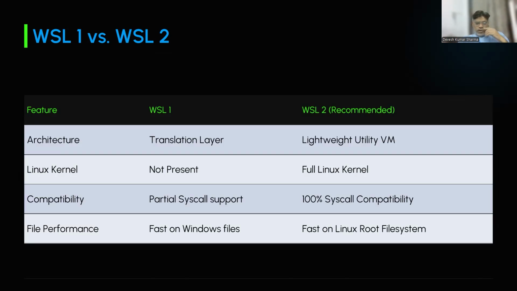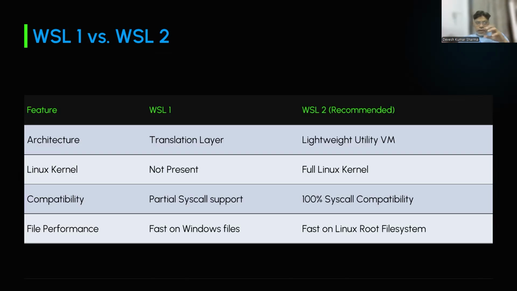Historically, if you wanted to learn Linux on a Windows computer, you had to either dual boot your computer, which was too risky and complex, or run a massive, sluggish third party virtual machine. A virtual machine makes your system slightly slower. So what is WSL? Windows Subsystem for Linux. Look at the table on your screen. WSL1 translated Linux commands into Windows commands on the fly. It was slow.